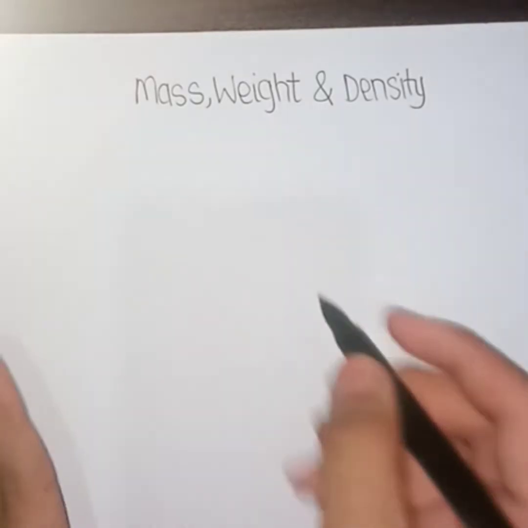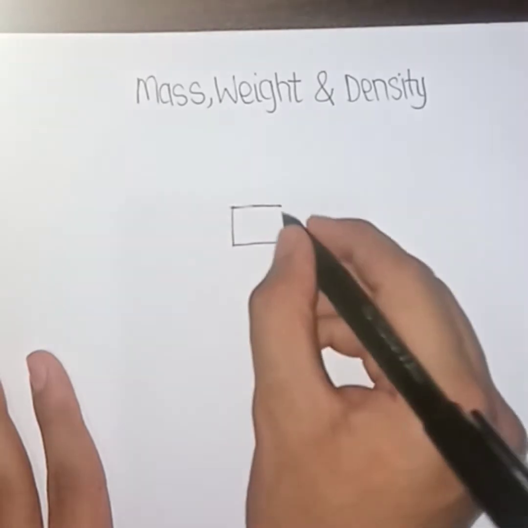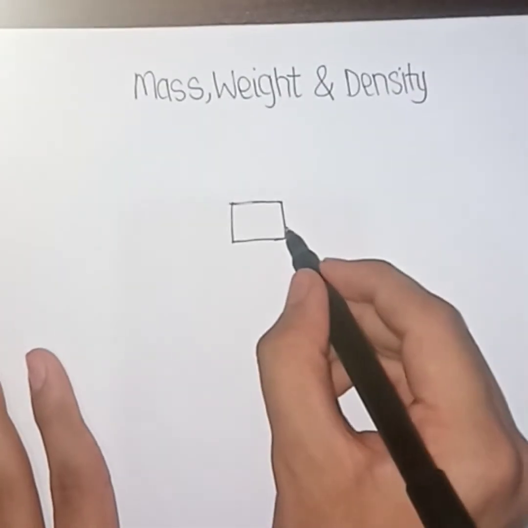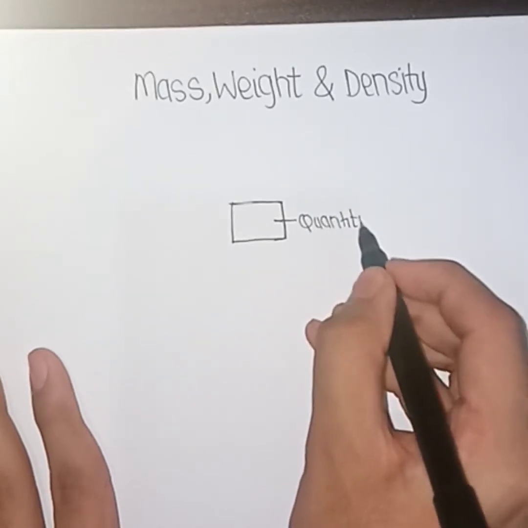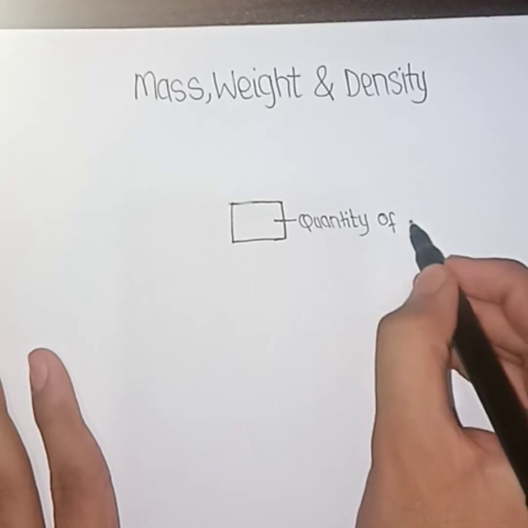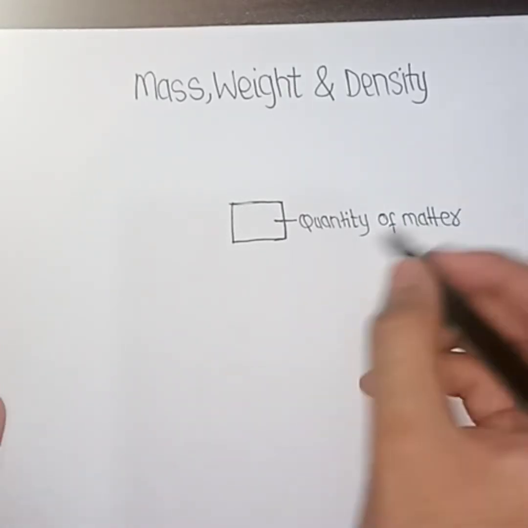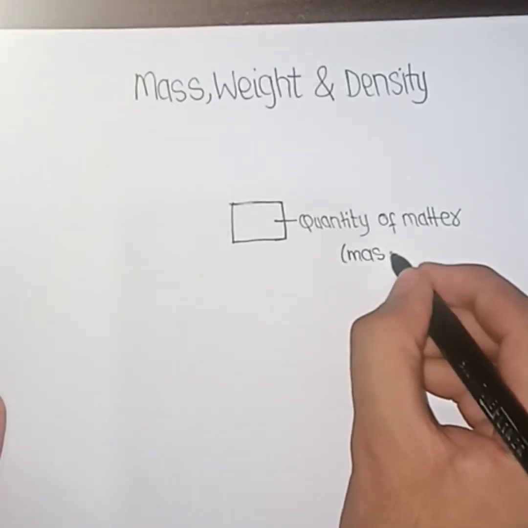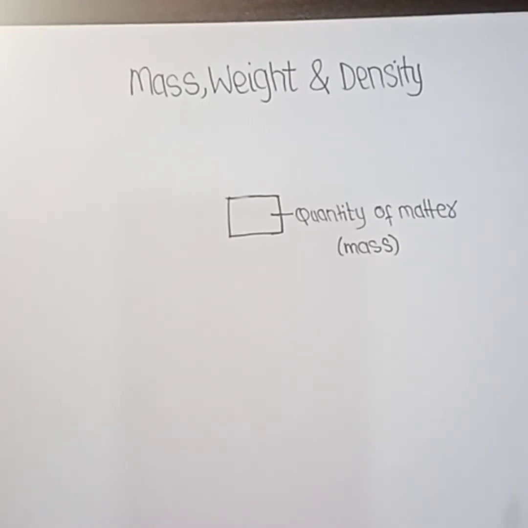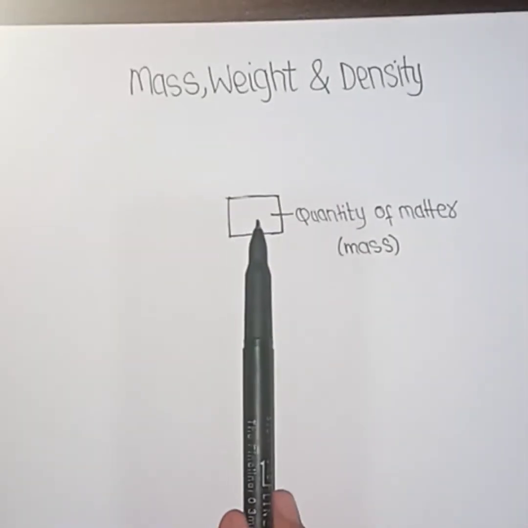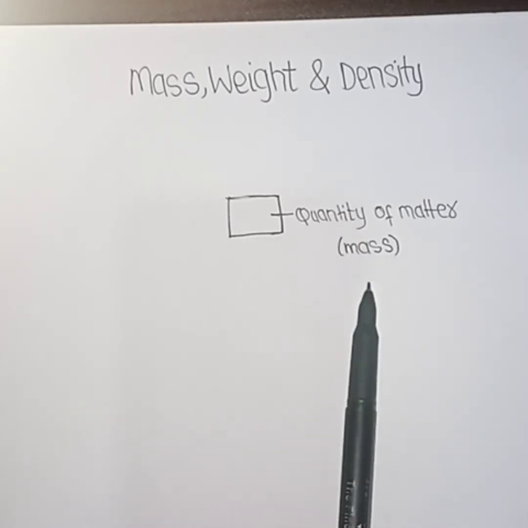For example, quantity of matter is known as mass. This object contains whatever quantity of matter it contains, and that is known as its mass.